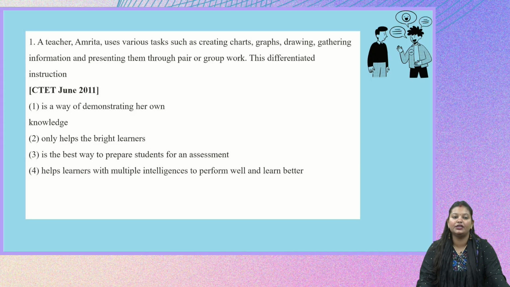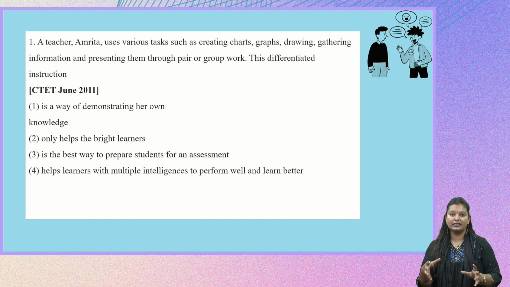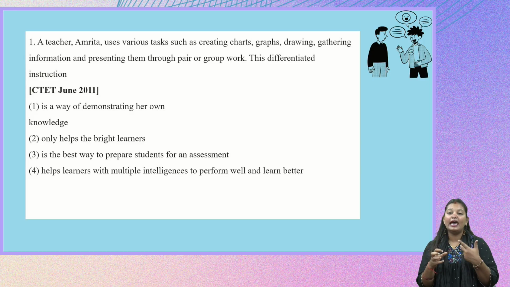This differentiated instruction is a way of demonstrating her own knowledge, only helps the bright learners, is the best way to prepare students for an assessment. This will help learners with multiple intelligence to perform well and learn better. So we were discussing that various learners in our classrooms have various learning styles and preferences.